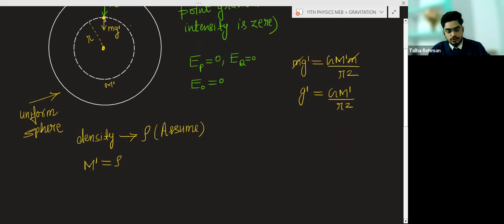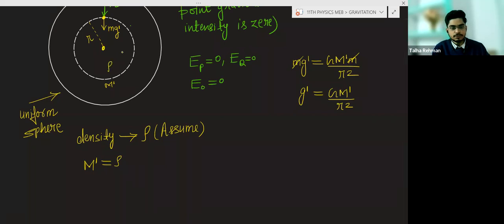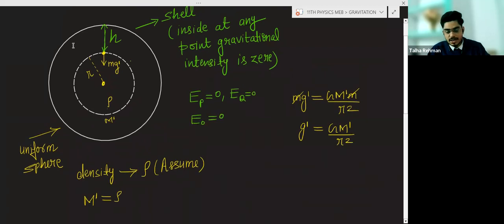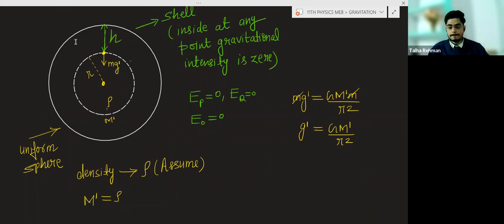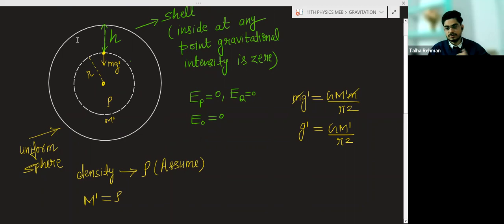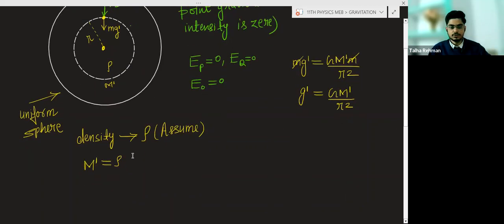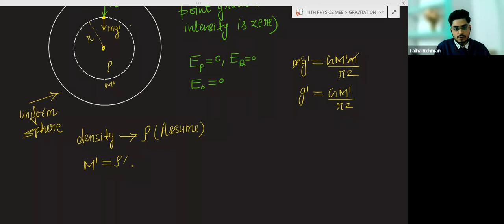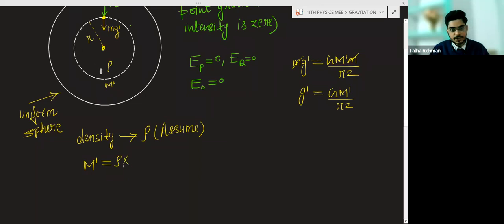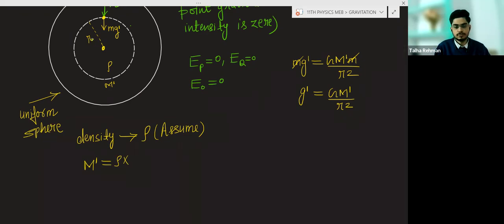So if you want to find the mass of this part, then the density of this part is rho. And if someone is asking what is the density of this mass, this mass also has the same density, because density is constant for the whole of the earth. So density into volume. Now the volume of this smaller sphere is 4/3 pi r cube.